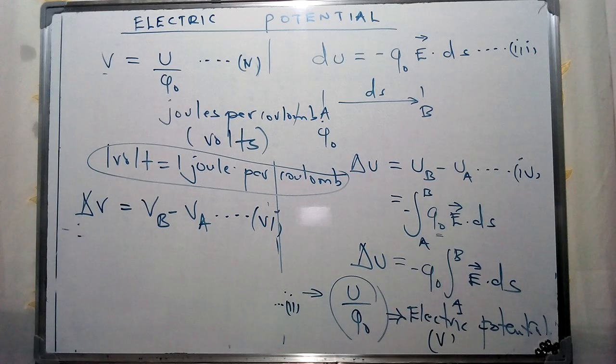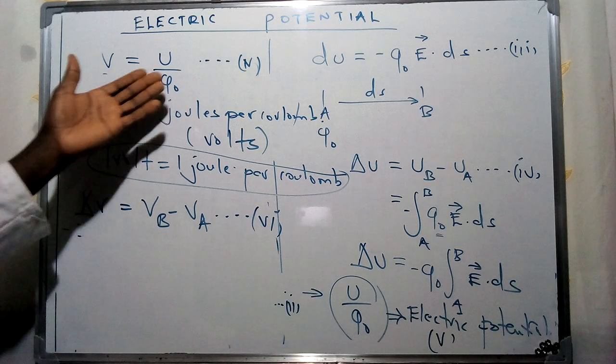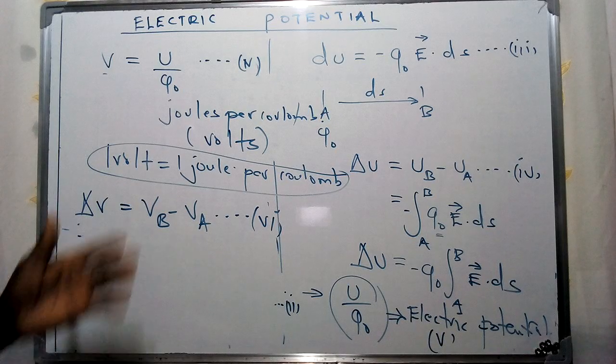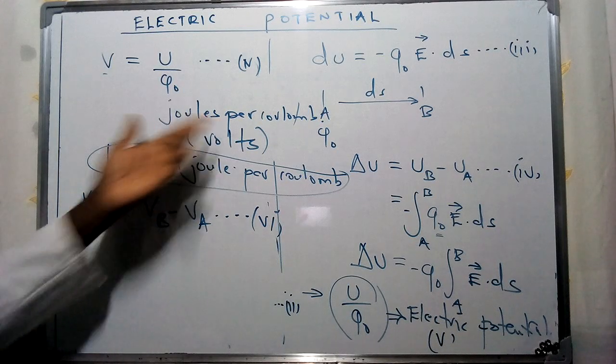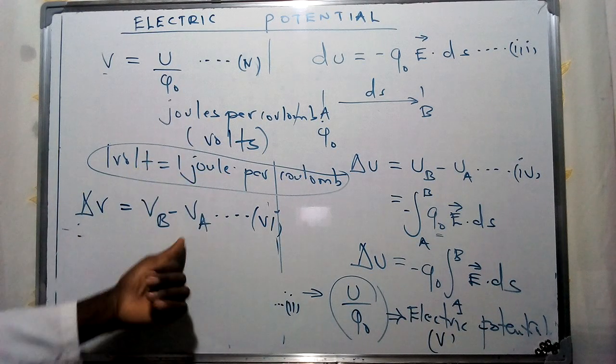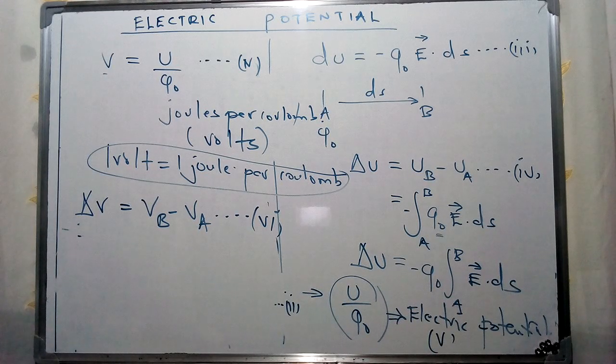Apart from other aspects we're going to consider for the electric potential, this is going to assist us in defining the electric potential of an arbitrary point in an electric field, which is done by moving a particle from infinity to a particular point, and that gives us a different aspect of our potential energy.